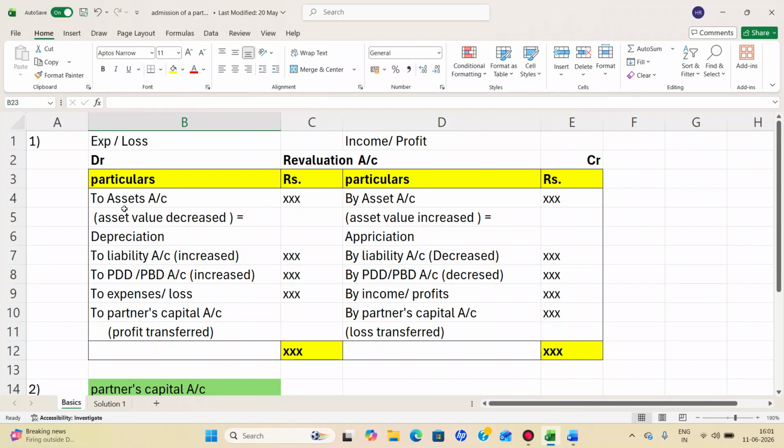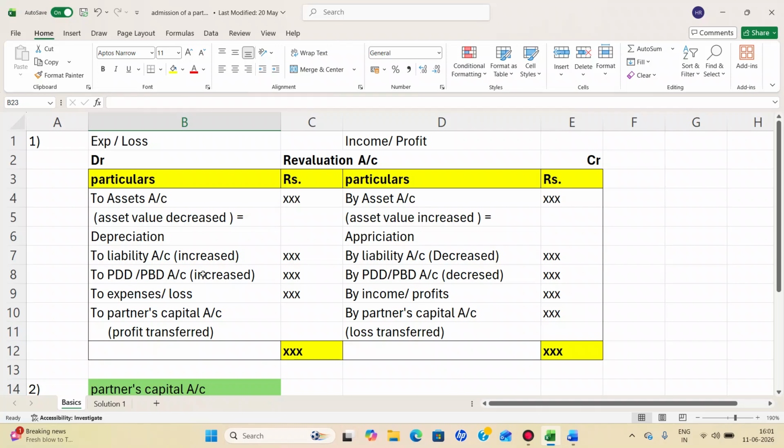Here we can compare this format to the asset account. If an asset is decreased, we write it on the debit side. If an asset is increased, we write it on the credit side, that is appreciation. If a liability is increased, we write it on the debit side. If a liability is decreased, we write it on the credit side. Increased is debit, decreased is credit.